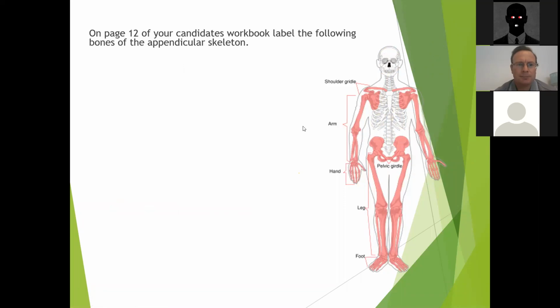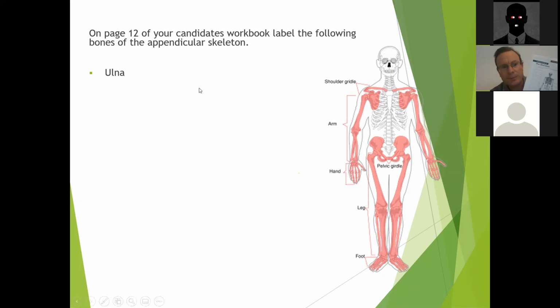Okay, so what I'm going to get you to do now is start finding your way into your workbooks. On page 12 of your candidate workbook, you've got a little picture of a skeleton like this.